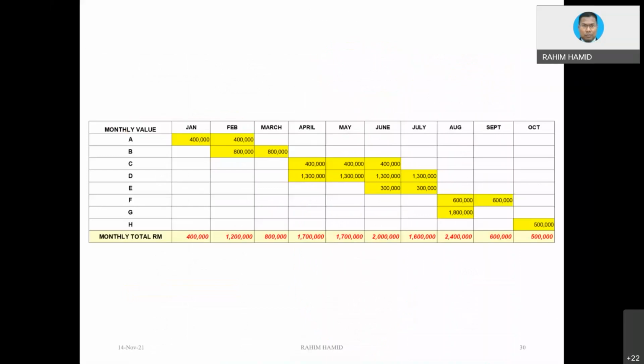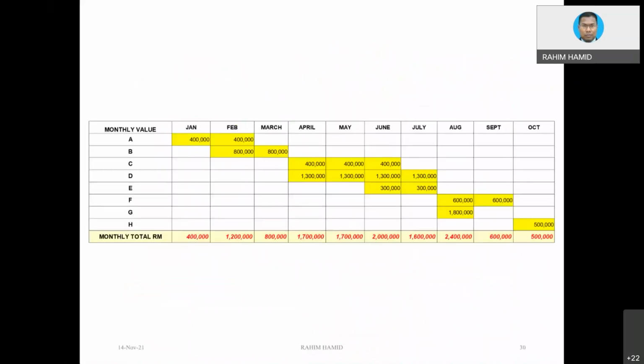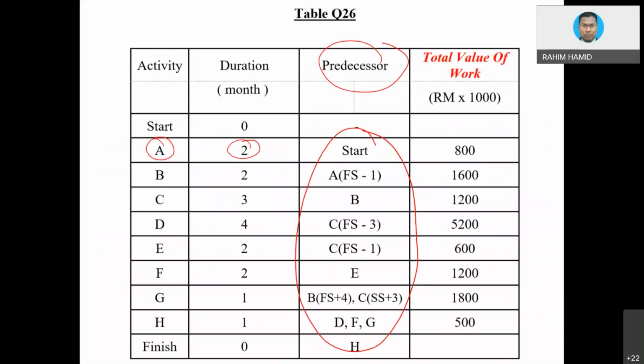Let's say activity A. So activity A basically is the start of activity, and the duration is basically 2 months. You see, this is A. And then activity B. Activity B is basically also 2 months.